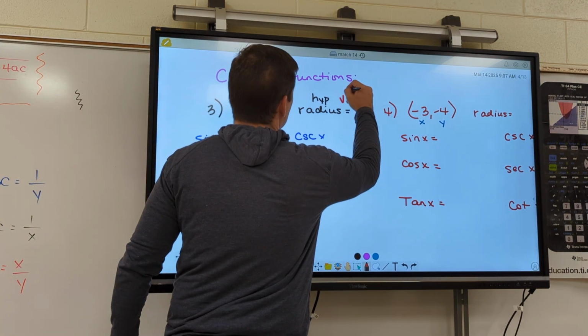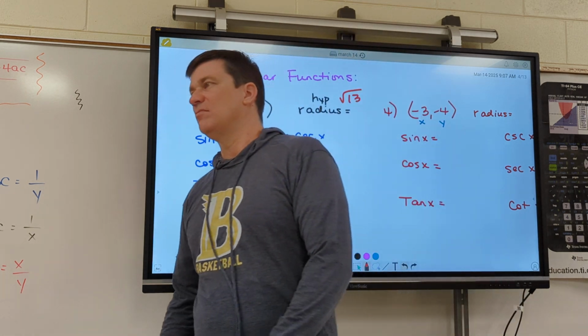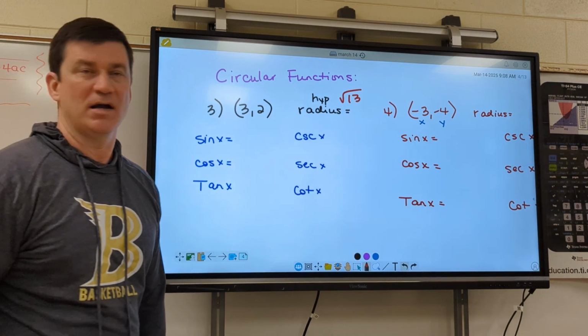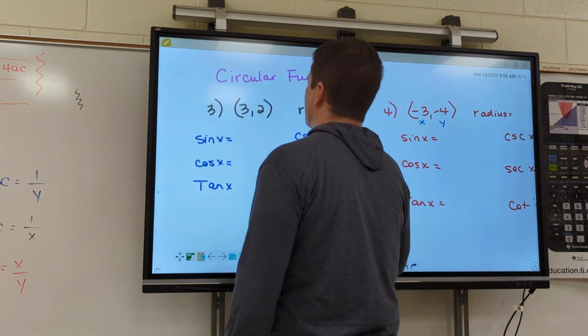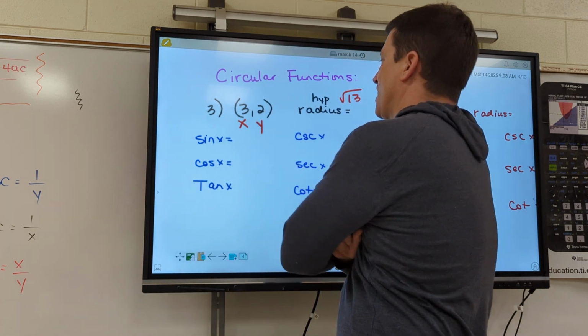So our radius on this one is square root of 13. Don't make it a decimal. Again, I'm not making y'all draw the triangle. All right, Rowan, you're up. Since this is my x, this is my y, and that's my radius, what's my fraction gonna be for sine, Rowan?